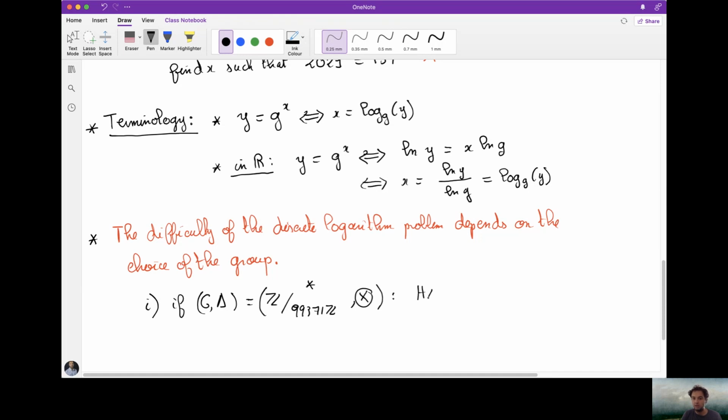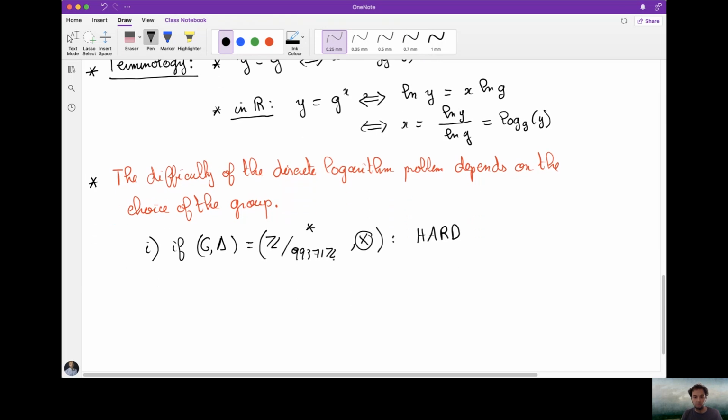It's extremely hard, and it turns out to be as hard as the prime number decomposition. So it's a sub-exponentially hard problem if you know a little bit about complexity of algorithms. However, if you take another group that we know, for example, Z over nZ with addition, which is a cyclic group, then the problem is in fact very easy to solve. And why is that? Because the discrete logarithm problem is to solve this equation, right?